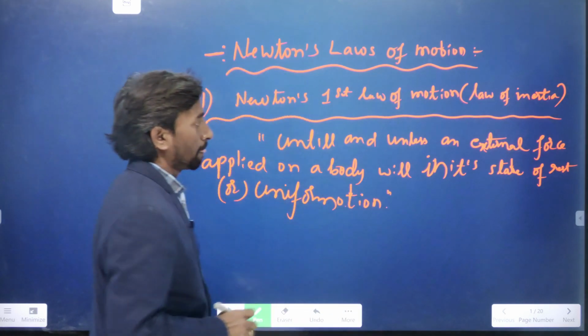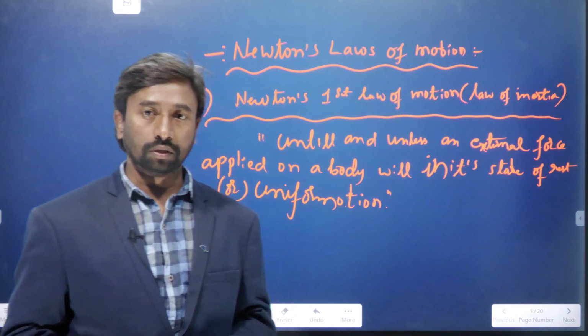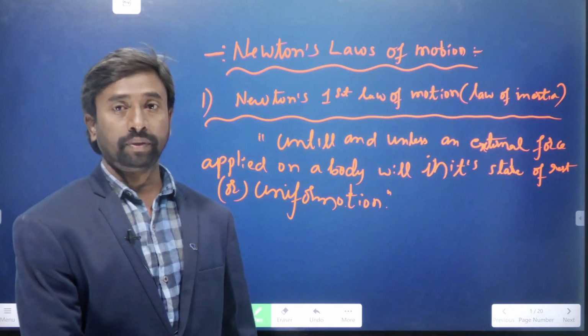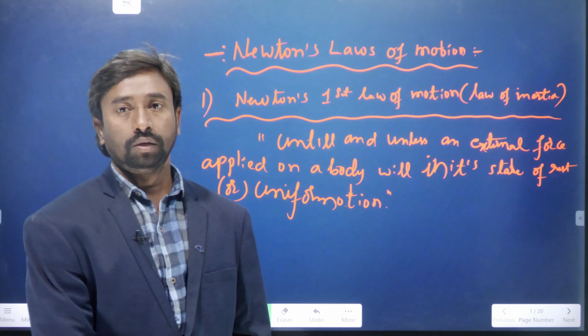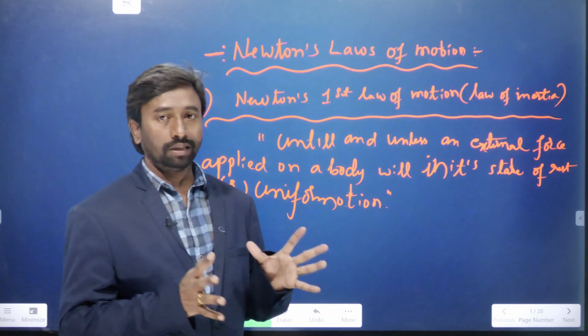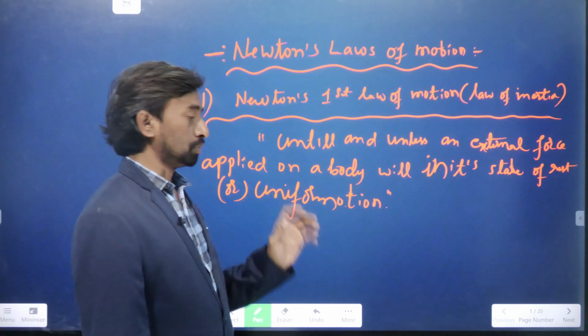With these two terms, Galileo and Newton discovered this law. Newton did many experiments following those done by Galileo. Galileo said that generally the nature of a body is rest or uniform motion.